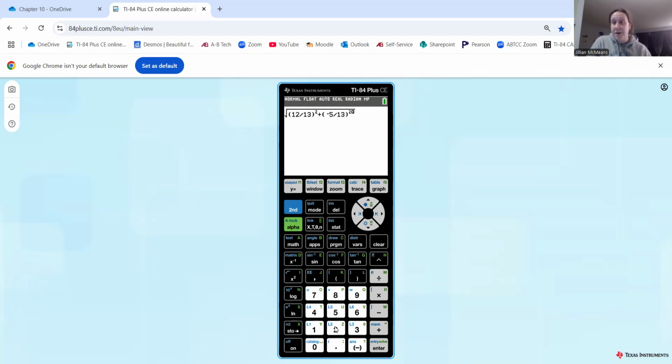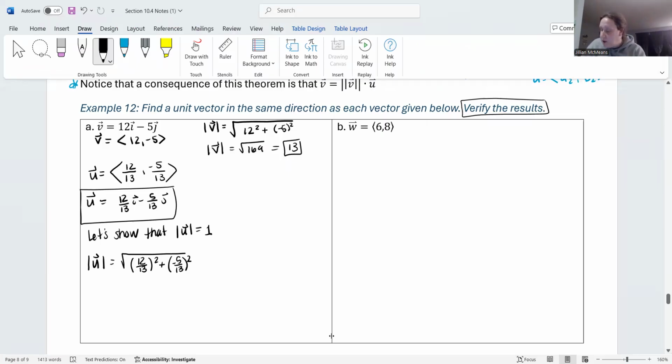And at this point in time, I would have an actual coronary event very publicly if this came out to anything other than 1, but I checked it already. Woo! Okay, so we do get that this has a magnitude of 1. So we really truly have found the unit vector in the same direction as vector v. So our magnitude really was 1, so it all checks out.